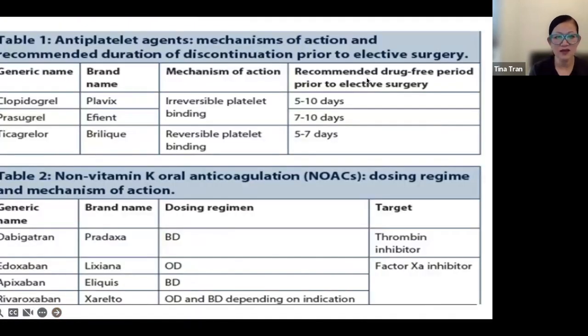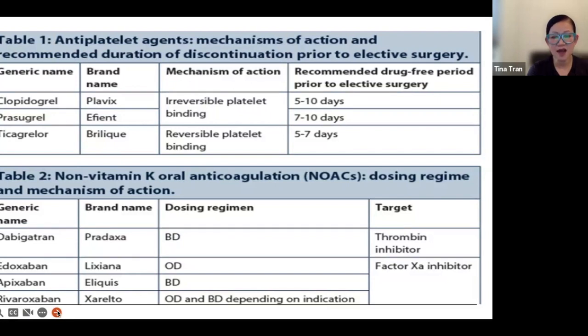There's charts out there. This is just an example of a chart. If the patient is on a medication such as clopidogrel, it shows what the brand name is, the mechanism of action, and how long you might need to be drug-free prior to elective surgery. And this is a discussion that should be had with the cardiologist, or at least the person who's maintaining the renewal of these medications, and the surgeons.